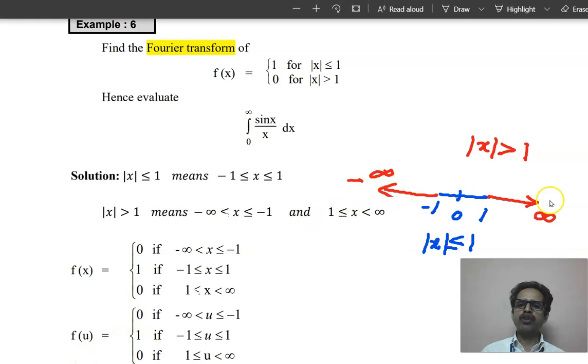In the red portion the value is 0, while in the blue portion the value is 1. When u is between minus infinity and minus 1, the value is 0. When u is between 1 and infinity, the value is 0. That is in the red portion. When u belongs to the blue portion, that is from minus 1 to 1, the value of the function is 1.